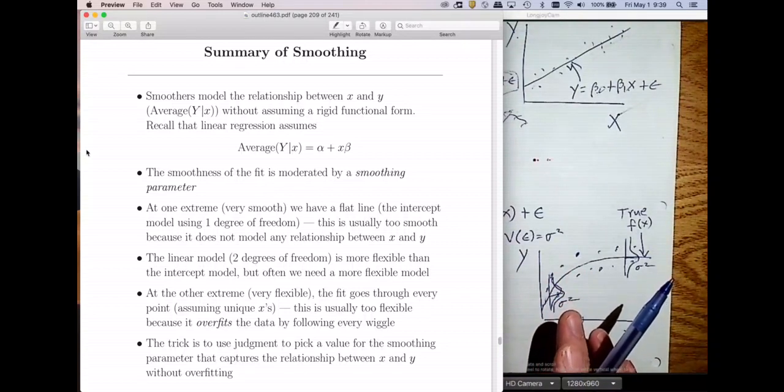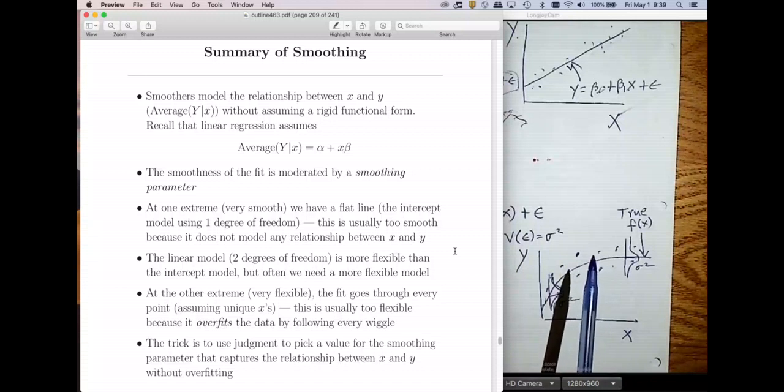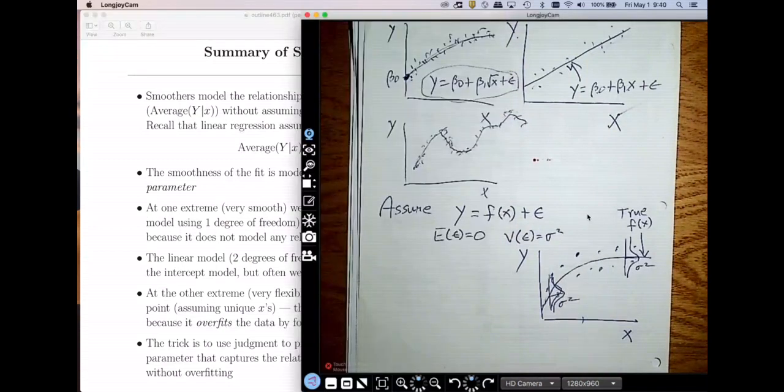If you turn the dial all the way to the left, you end up with a flat line. If you turn the dial all the way to the right, you end up with something that wiggles too much, and somewhere in the middle, it's going to be just right. So let me just sketch this out for you.